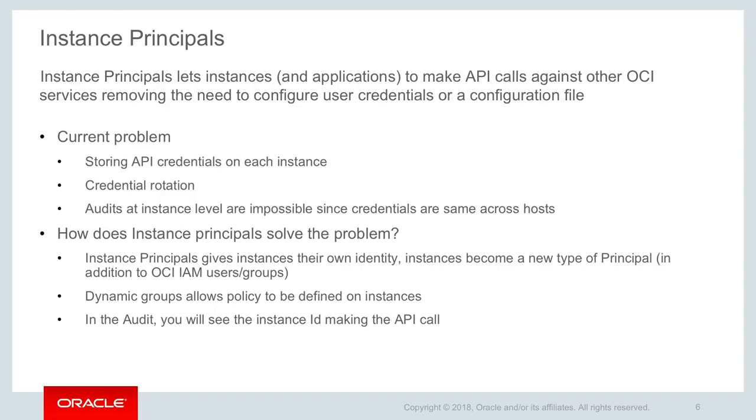Now, one option to resolve that problem would be to give your code, your application, an IAM user, for example an API signing key, and then store those credentials inside of the server or the application. As you can see, it works, but it's not a really good option because you're storing credentials on the application, so you have to keep rotating those credentials on a regular basis.